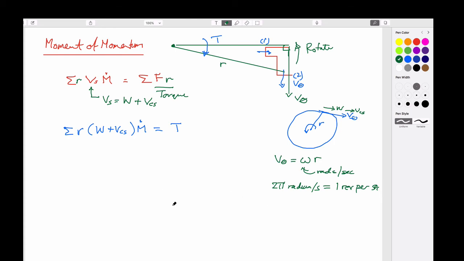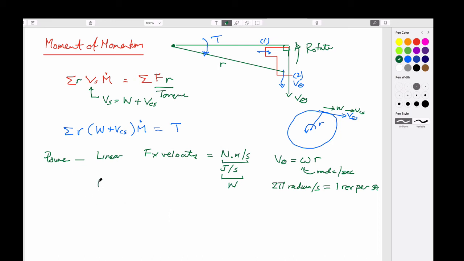And the other thing that we could get out of this is that we know that power, in terms of linear power, was what? Force times velocity, which is Newton meters per second, which is joules per second, which are watts.